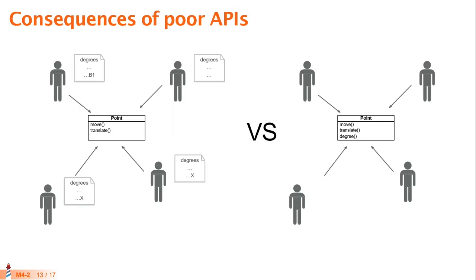If we see it in a diagram, in the implementation in Java where we don't have the degrees, we will have to implement this method degrees in each of the clients, having not only 4 times the same code, but also the opportunity to implement it wrong. What happens if one of the clients does not cover all the cases that are implemented for this operation?